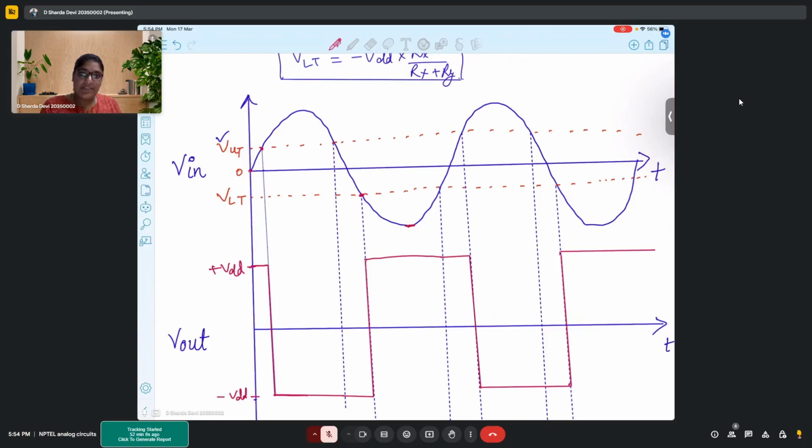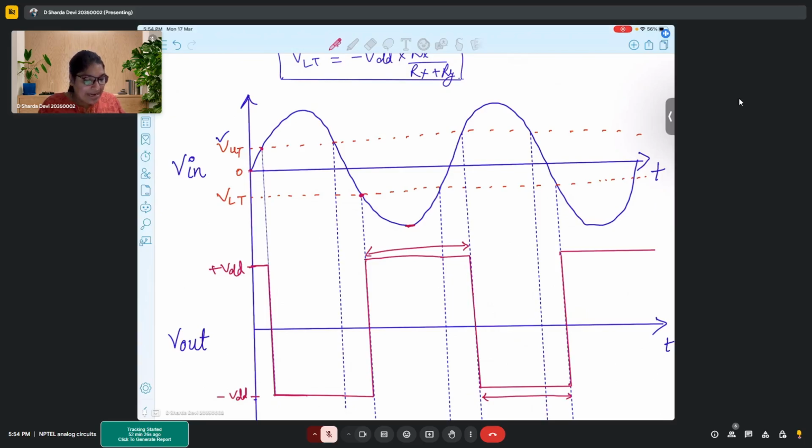And if you observe, the square wave is actually a perfect square wave. Right? Because if you consider this time period and that time period, they must be equal if your references are equally placed.